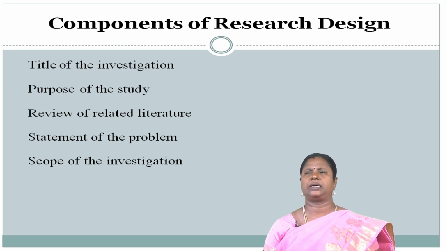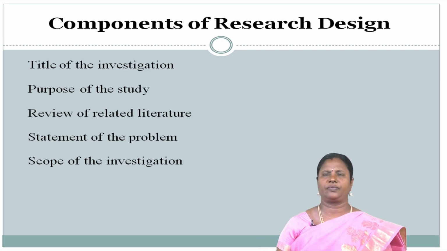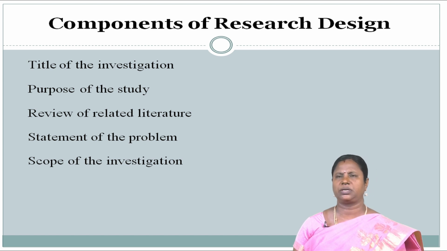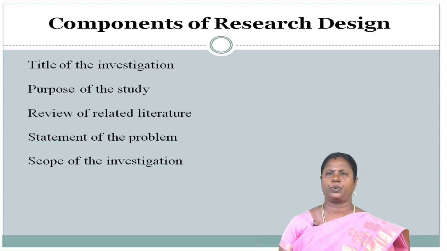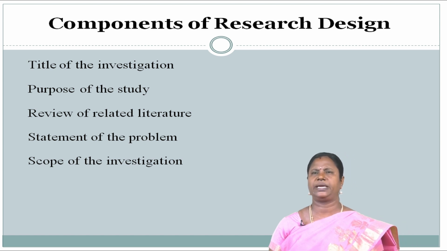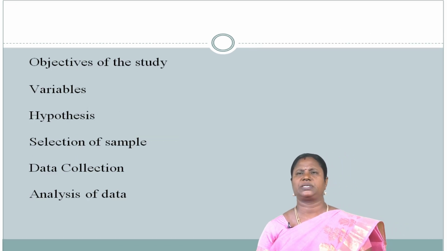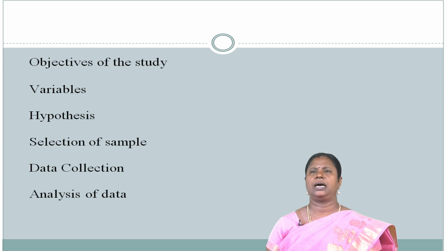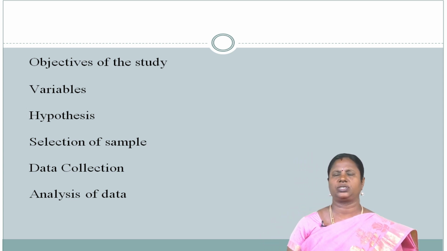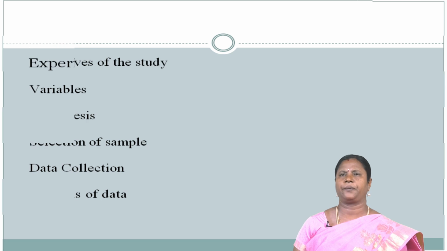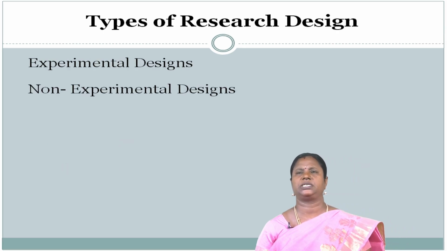And components of research design: title of the investigation, purposes of the study, review of related literature, statement of the problem, scope of the investigation, and objectives of the study, variables, hypothesis, selection of sample, data collection and analysis of data. Next, types of research design.